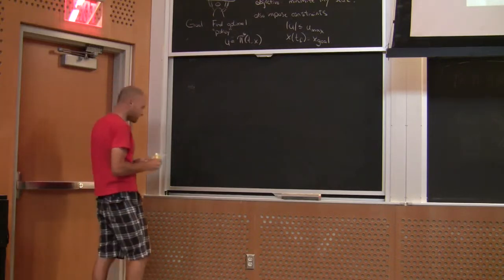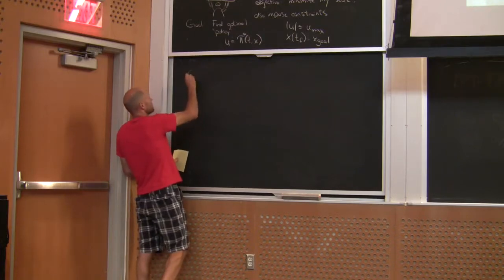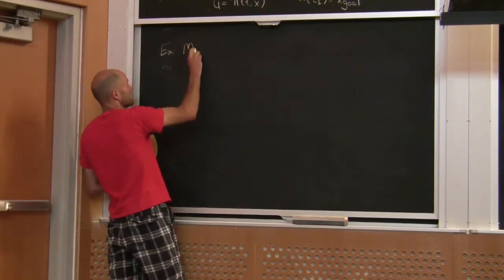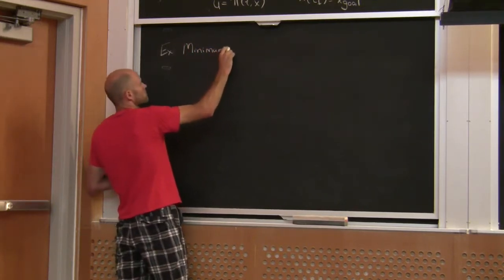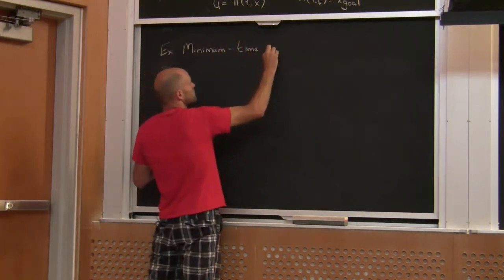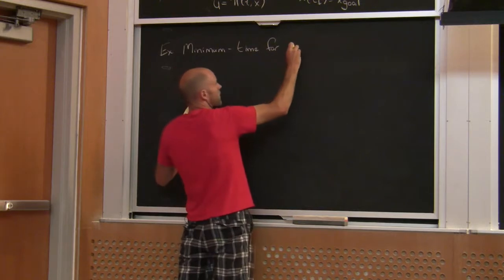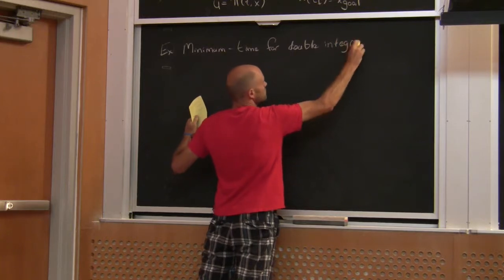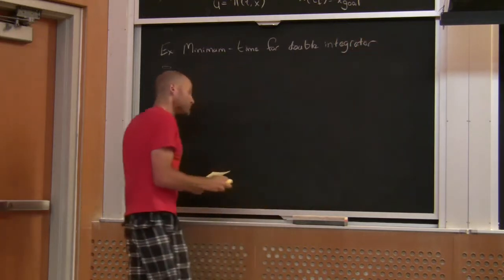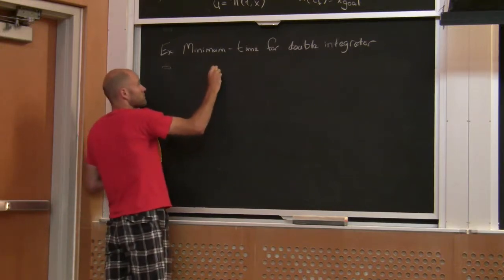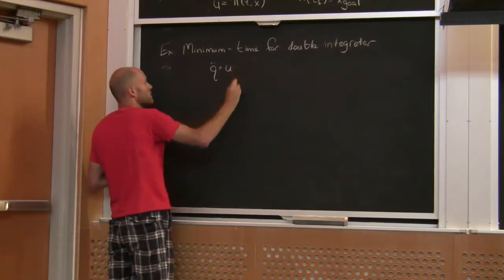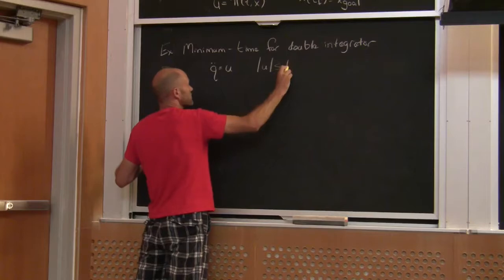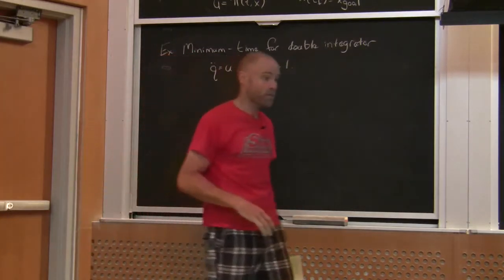Okay? So one of the classic examples is the minimum time problem for the double integrator. Okay, so the double integrator problem is I have a double integrator and some input limits saying that u has to be less than 1.